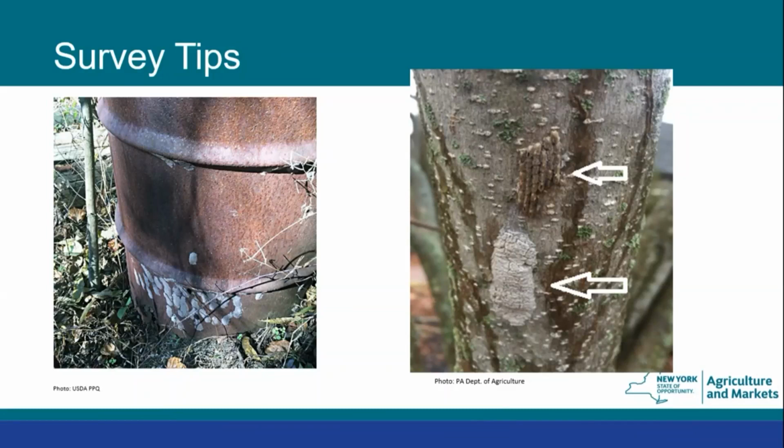But you can see the horizontal lenticels, which are part of the plant, but the egg masses are always going to be vertical. On a tree, they have a tendency to go up and down. Even on the barrel there, you can see the egg masses have a tendency to be vertical. But the covered egg mass is a little bit harder to spot. It blends in, where the exposed ones are a little bit easier to spot.